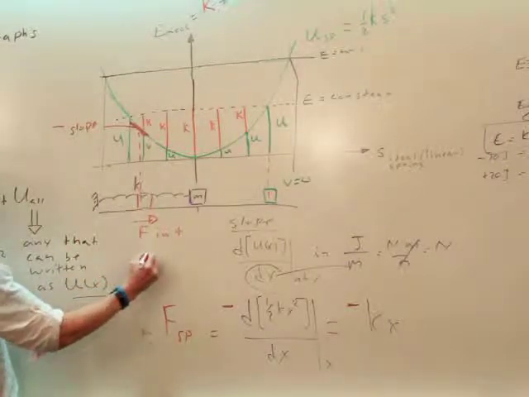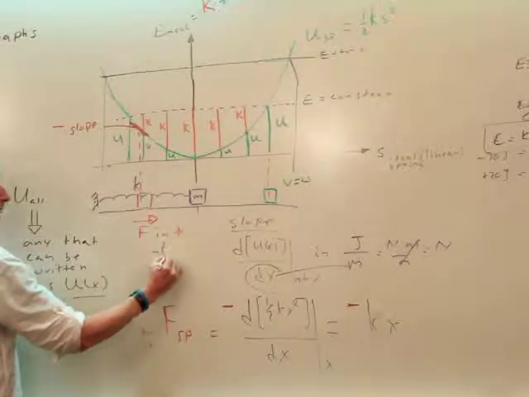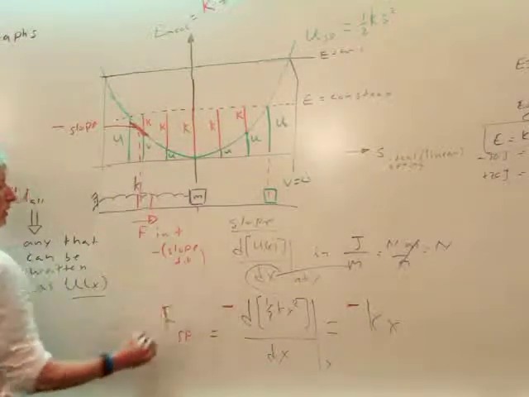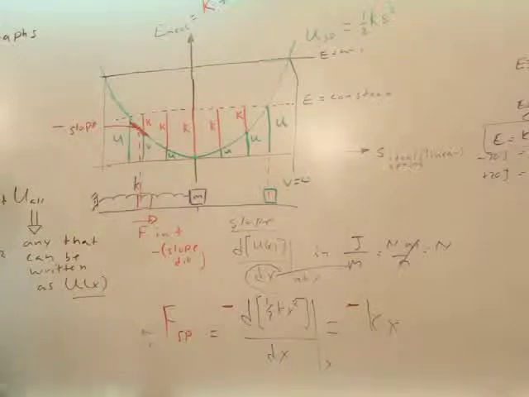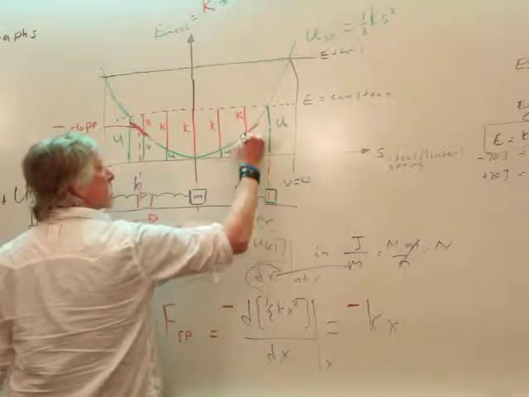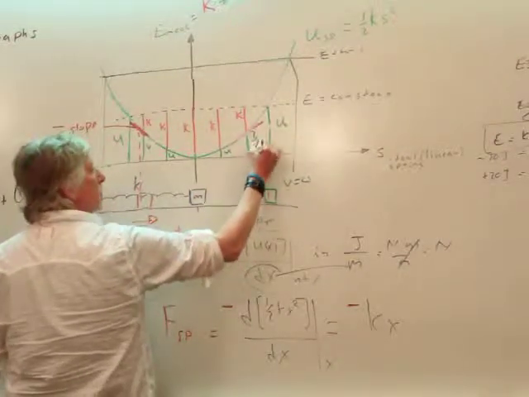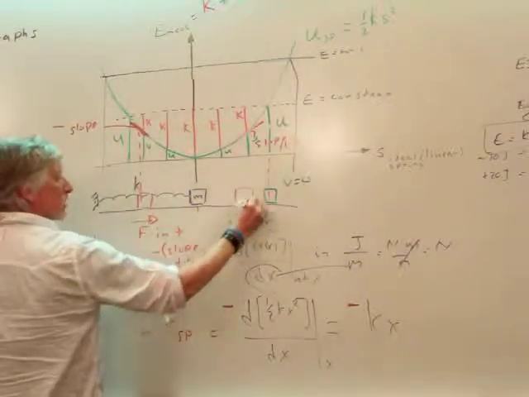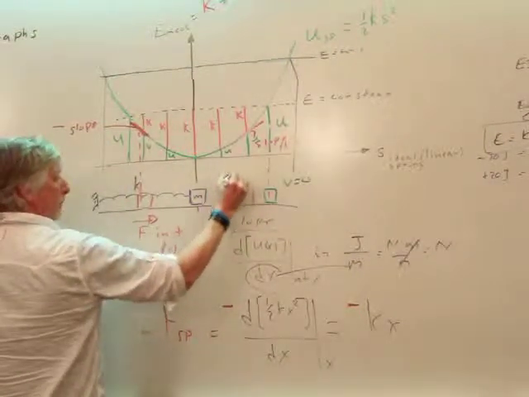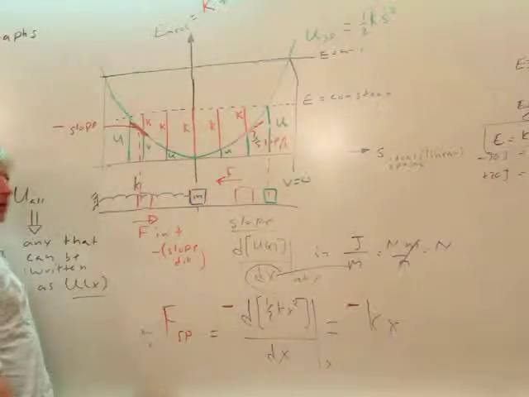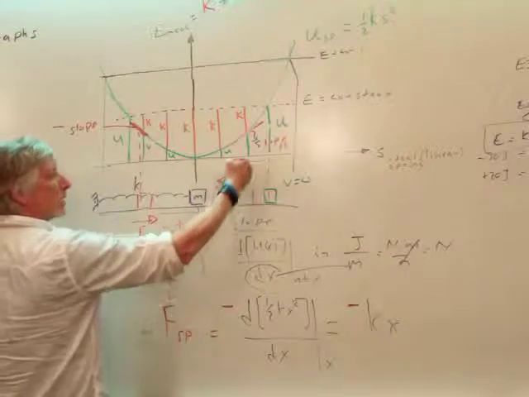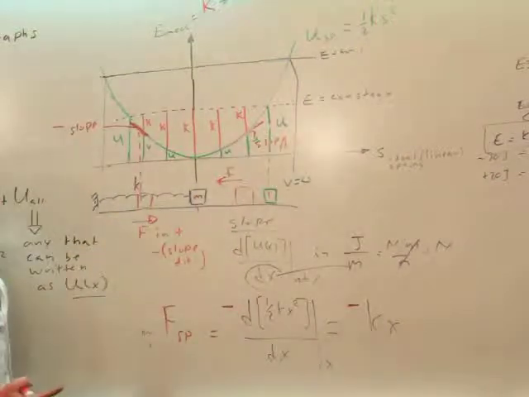So it would make sense that it is the negative of the slope direction. What about over here? The slope is positive. But the force over here is in the negative direction. So this force is in the negative slope direction.